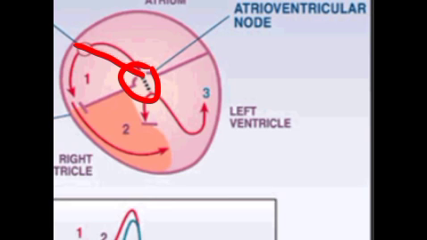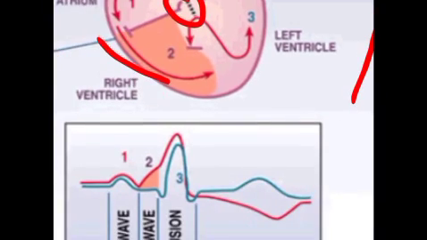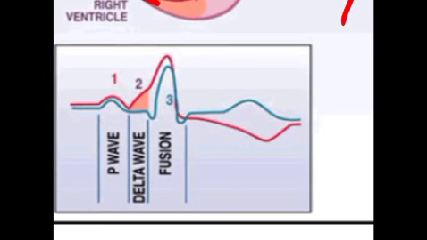Here you see this is an accessory pathway. It comes directly from the sinoatrial node through the atria to the ventricle. So this is creating a very short PR interval. Here it is represented by the red ECG.